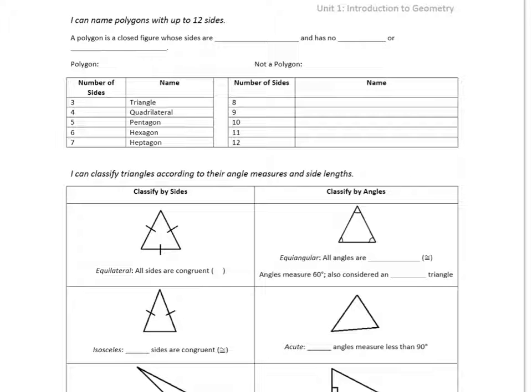A polygon is a closed figure whose sides are straight and has no gaps or overlaps. So things that would be a polygon, like, let's see, let's go with this.